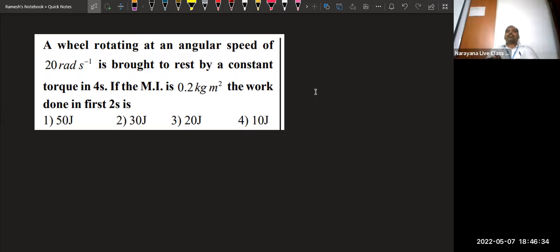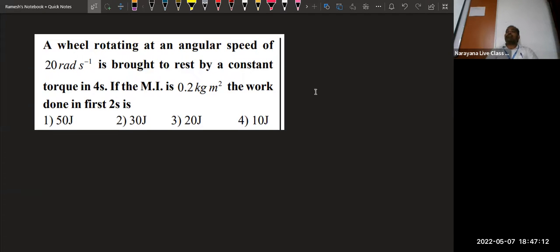Torque you don't need to find. Work done in first 2 seconds you have to find. Work done by you equals the increment in energy. You are rotating, you are the external agent. Work done by you is stored in the form of increase in kinetic energy. Everyone understood? Which concept do you have to apply? Work done equals change in rotational kinetic energy.